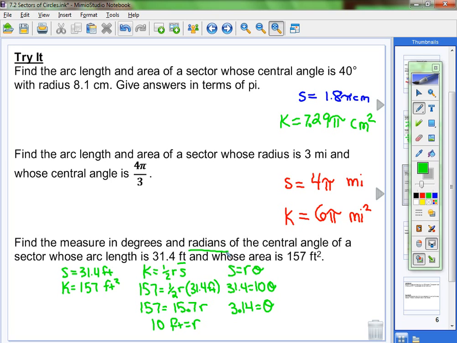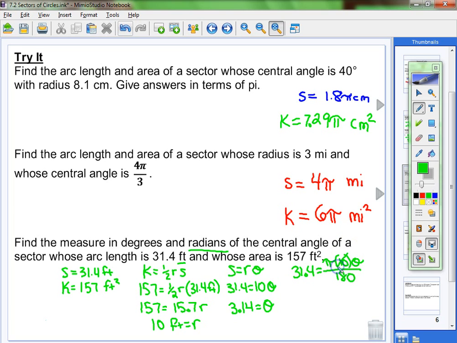In degrees, what we could do is we could take the arc length, which is 31.4, and use the other formula that is pi r, which is 10, times theta, which we don't know, over 180.